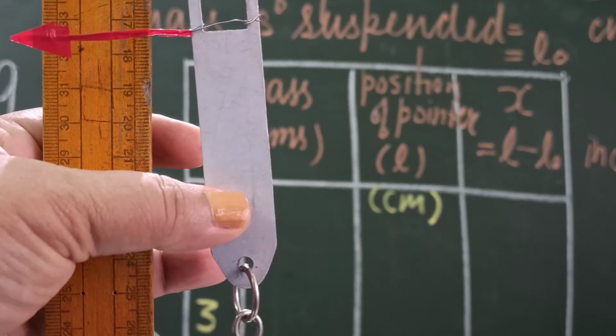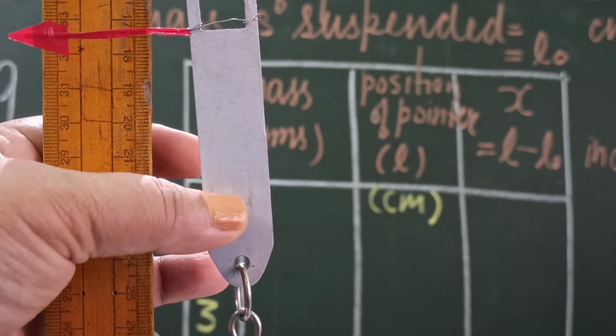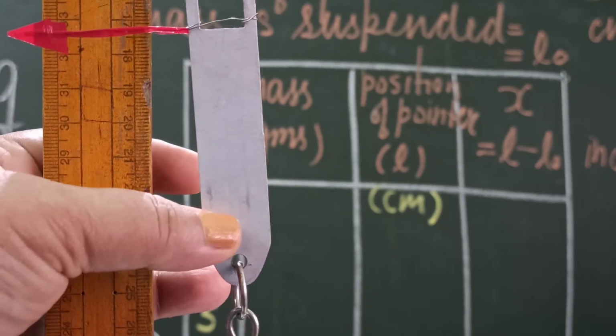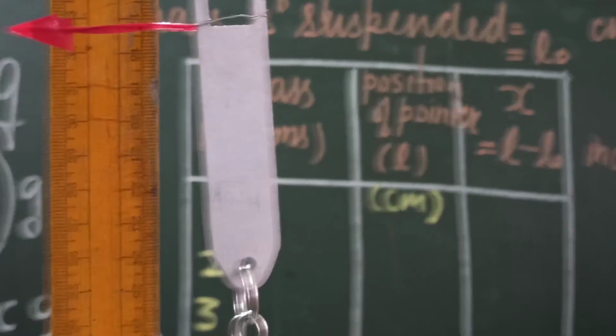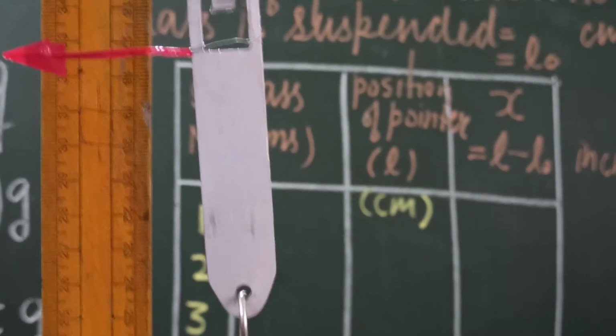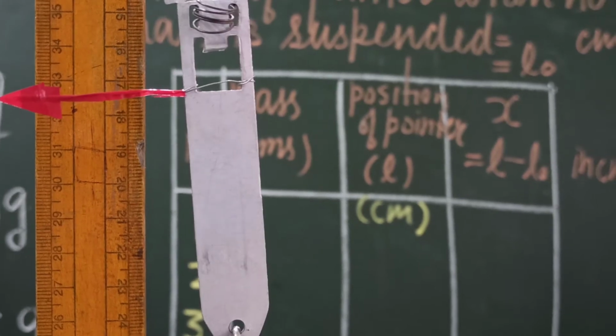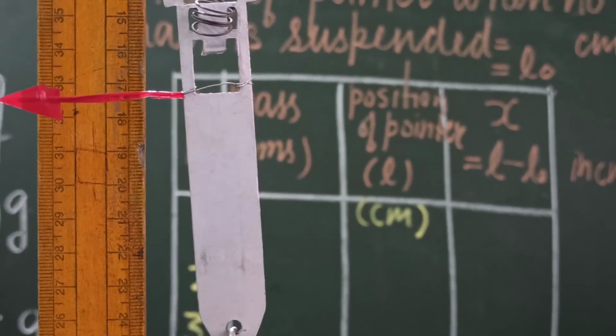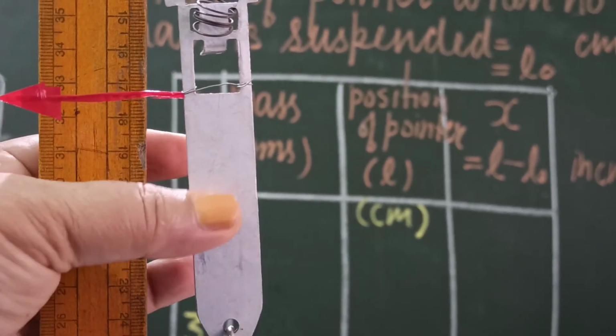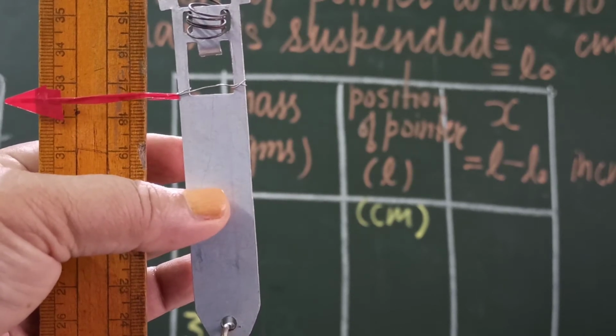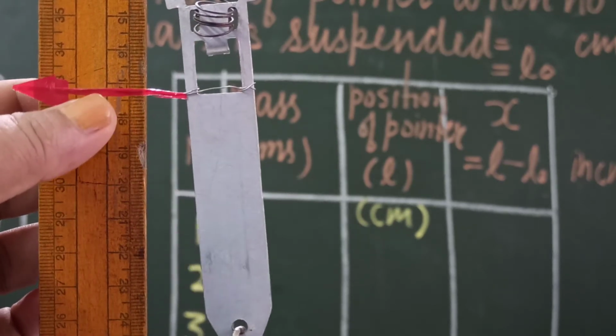So tell me, beta, what is the position of pointer? Is it visible to you? Yes, now it's quite visible to you. Note down the position of pointer.